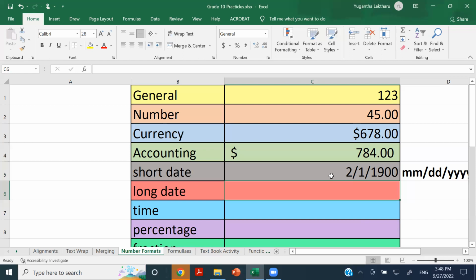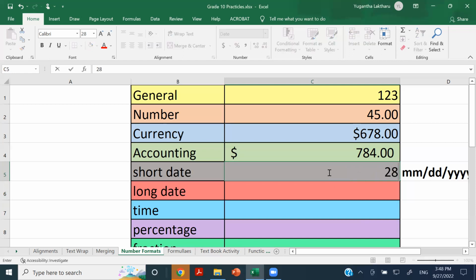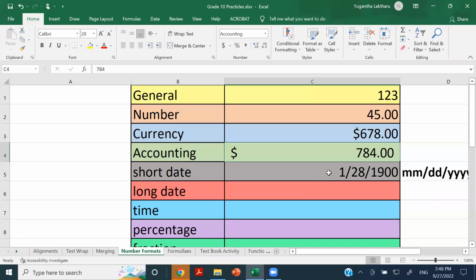So you have included the date as the 1900s? No sir, 1900s. No, I was just giving these two clues, Rizwan. Once I enter 28, it's going to be 1/28/1900.